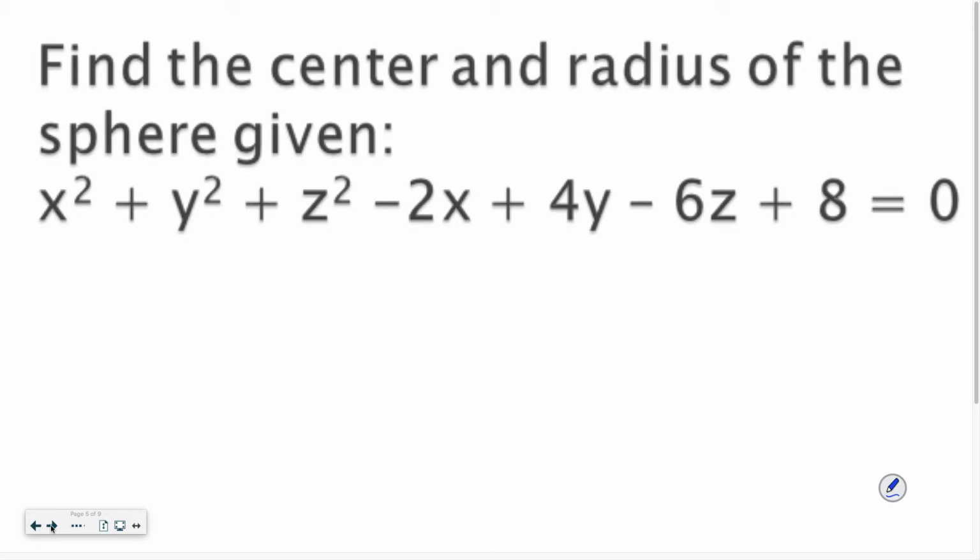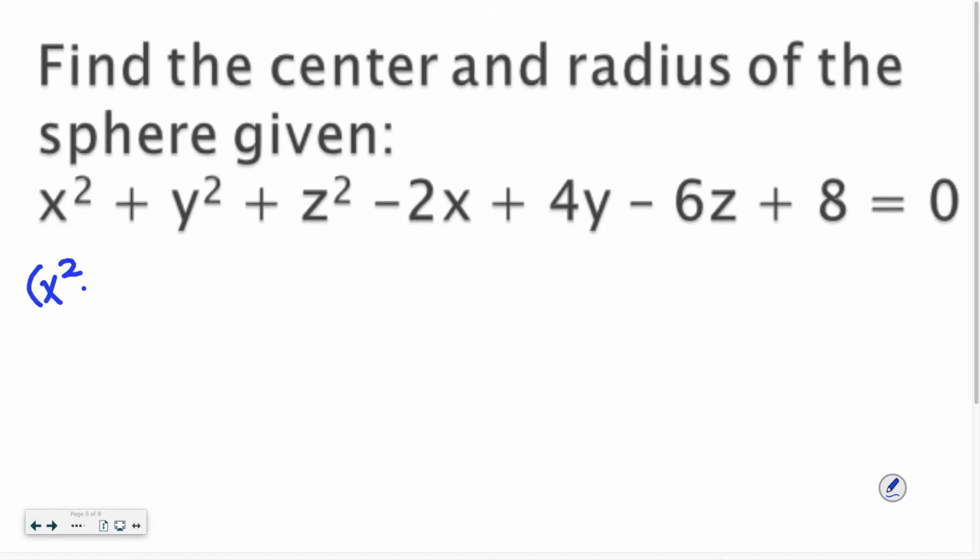Okay, so is this in the standard form of a sphere? No, it is not, which means we cannot identify the center and the radius. So we need to complete the square. How many times? 3 times. Let's go ahead and group like terms together.